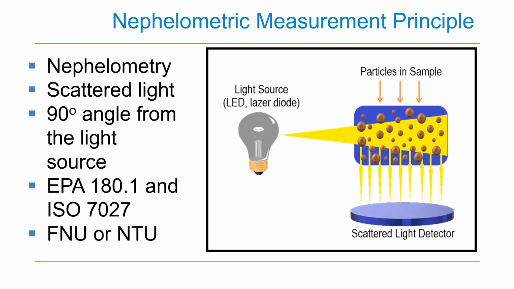The concentration is based on the light scattering properties, and results are typically expressed either in FNU, which is formazine Nephelometric units, used internationally through ISO 7027, or NTU, which is the Nephelometric turbidity unit, which is used here in the States, and it's outlined in EPA 180.1.